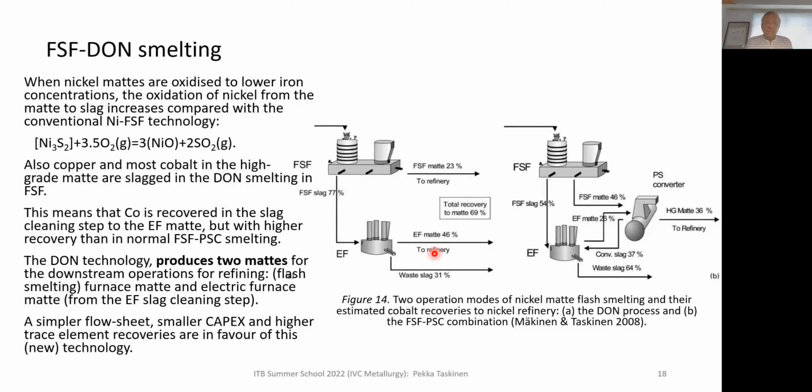So that means that there are no major problems in hydrometallurgical refining, even if a new leaching step was installed in the refinery for treating this electric furnace matte. So in terms of minority metal recoveries, this major improvement in the nickel matte smelting was very, very good.